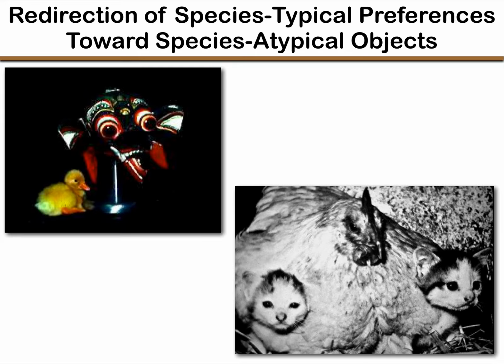In other words, normal species preferences for their own species can, in fact, via imprinting experiments, be redirected toward junk objects, like this duckling that's formed an attachment to this weird mask, or these kittens that have imprinted on this chicken, and the chicken, I guess, is more than happy to take care of the kittens. So, I guess things like this happen in the lab. It's very easy to make that happen.